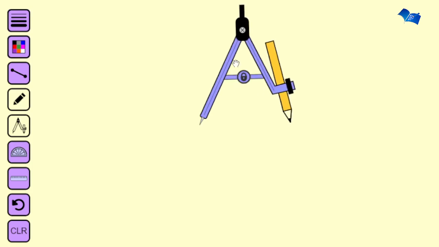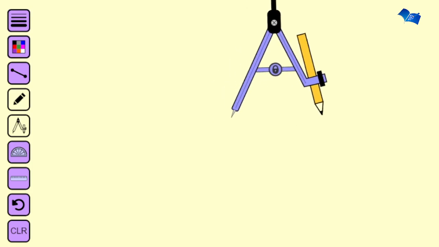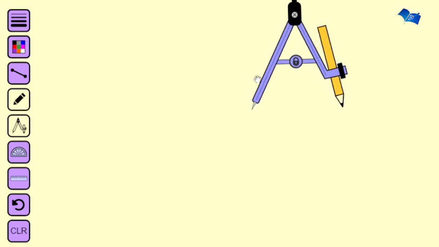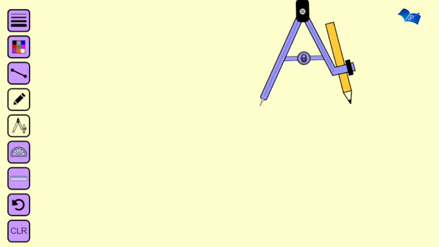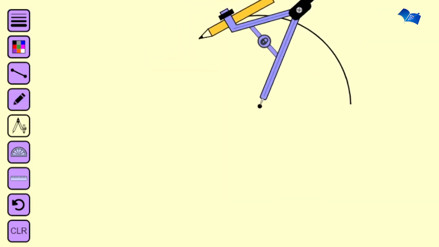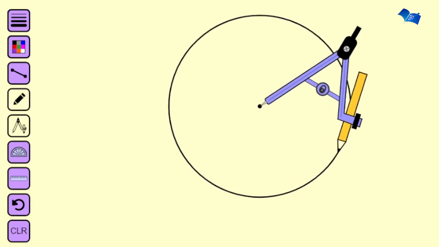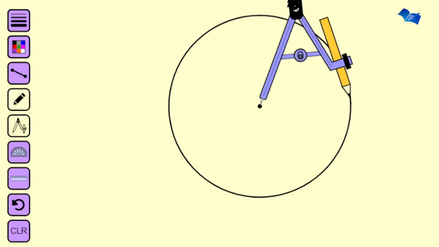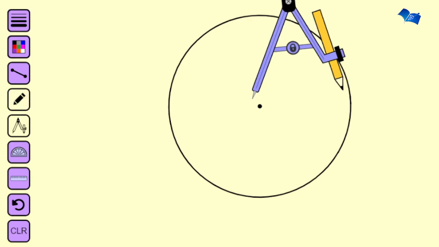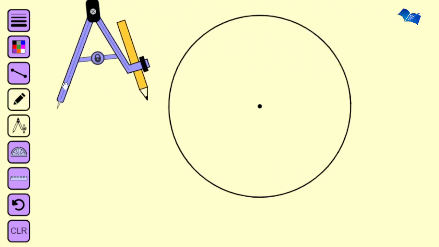You lock it and place it in a good position on your paper, maybe at the center, something like this. Then you draw a circle. Once you're done with the circle, you don't need this again, so take it out.